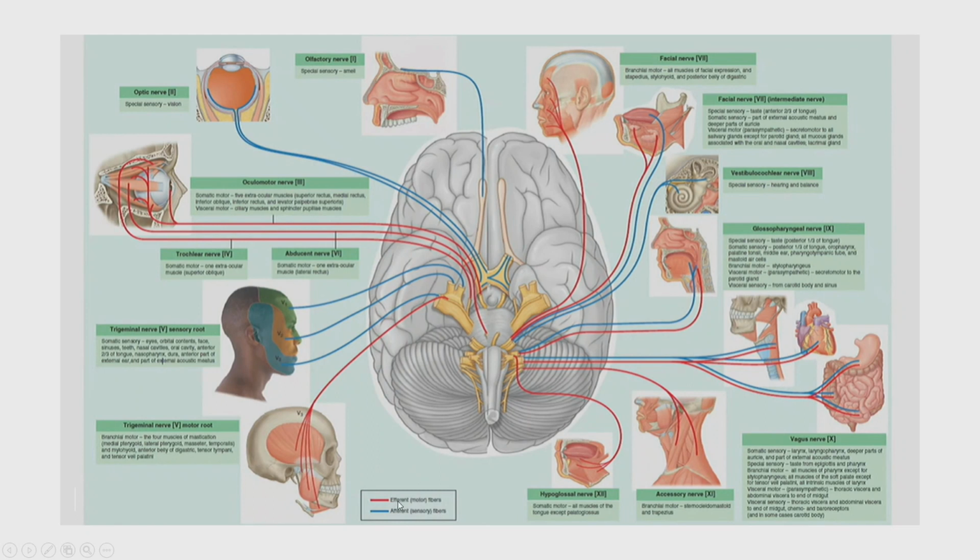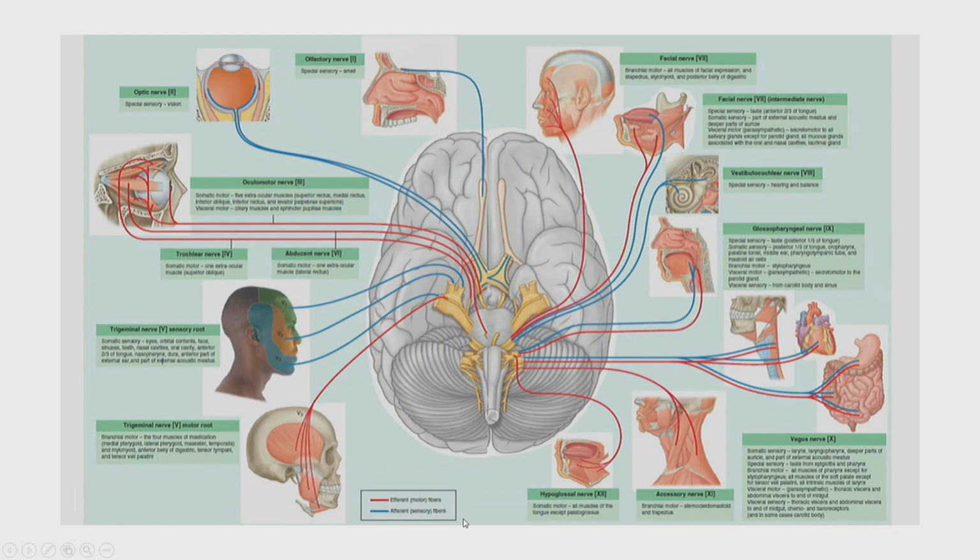The red one is called the efferent fiber. Efferent, starting with E, is the motoric fiber. It means they come from the nervous system and go usually to muscles, or can be other things like glands. The blue one is the afferent fiber, which is the sensory fiber.